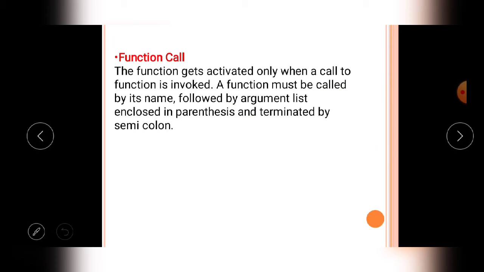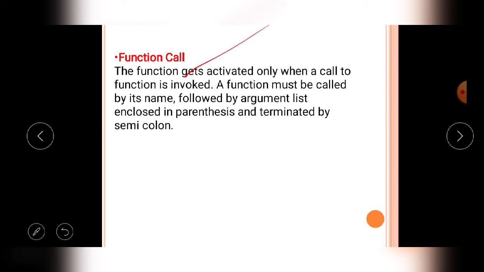The function gets activated only when a call is invoked, meaning whenever the necessity is there, simply with the help of the name you can call the function. Then automatically in the execution the function is activated and does the task.